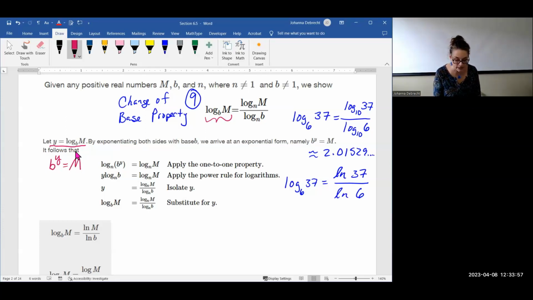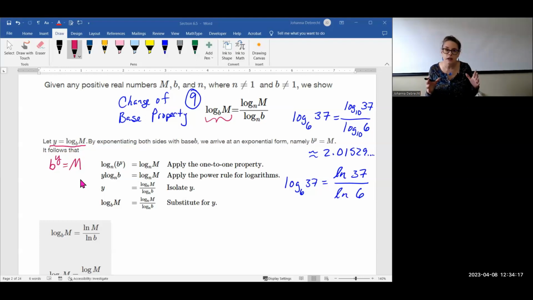So now I have an expression for uppercase M, and I'm going to come back to my properties down here, and I'm going to apply a logarithm to both sides. Now you may be going, can I do that? Well, you can actually.